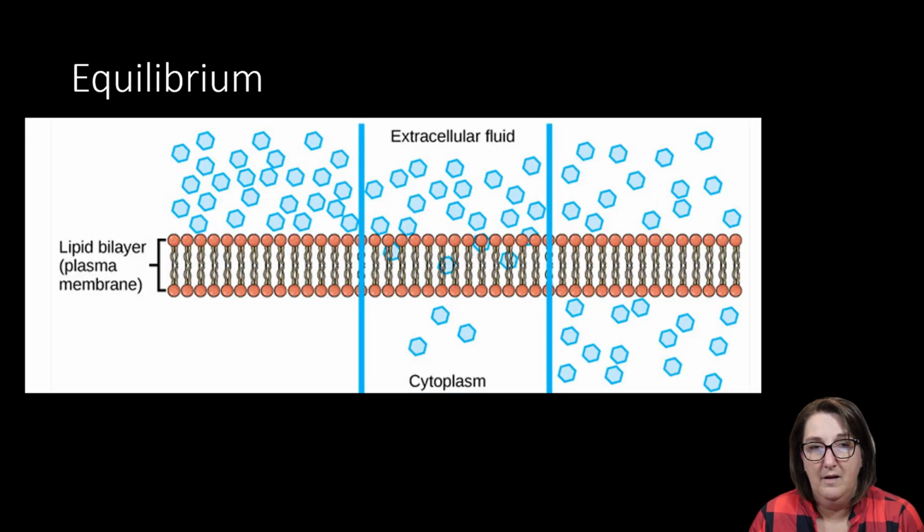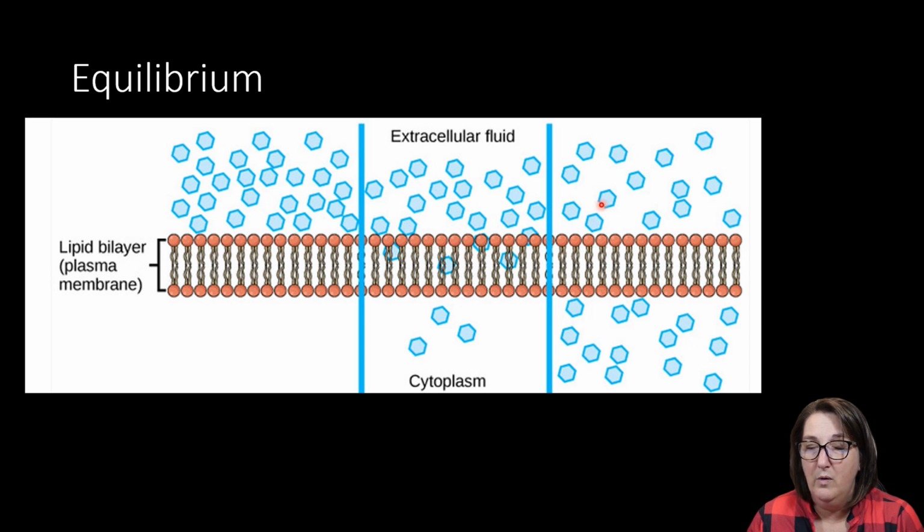So here we have molecules. I've got some material here. I have a high concentration, and this high concentration wants to go here. These solutes are going to start coming through this membrane, and I'm going to have some here. So it's going to move through fast.